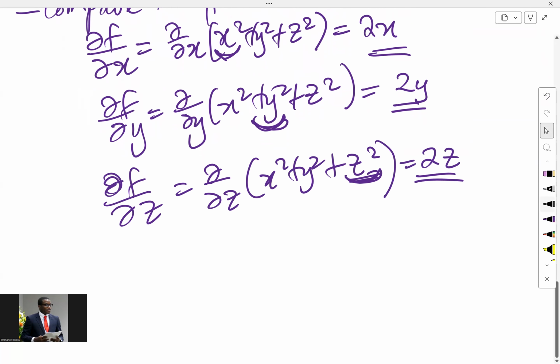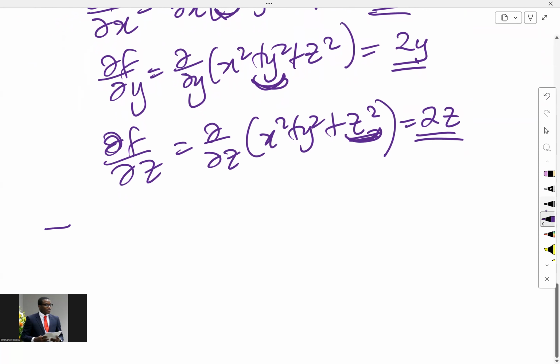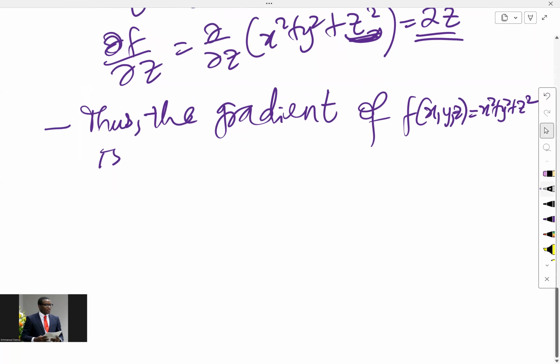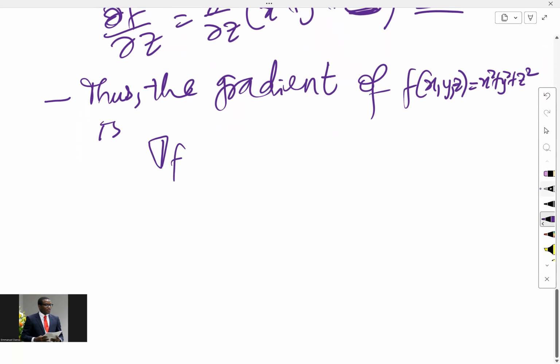Once you have that, we can say the gradient of f of x, y, z, which is x squared plus y squared plus z squared, is grad f, which is 2x, 2y, 2z.